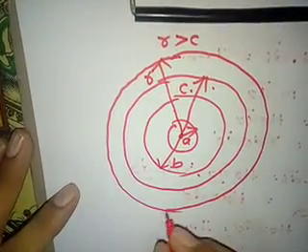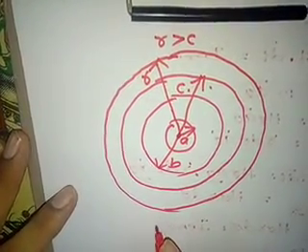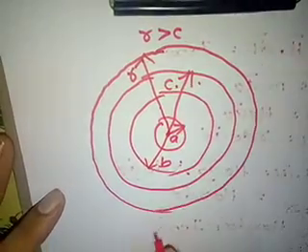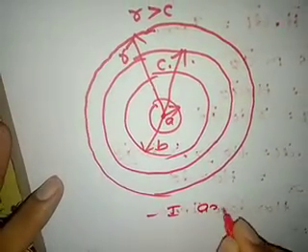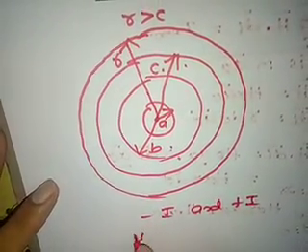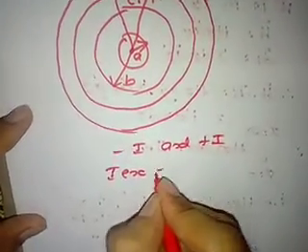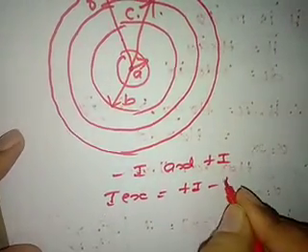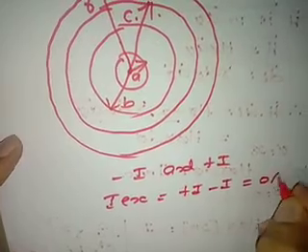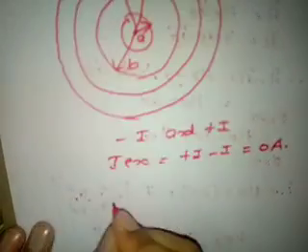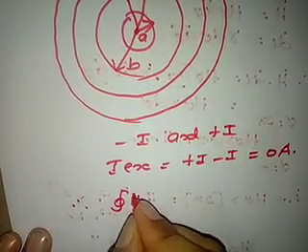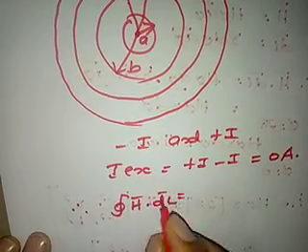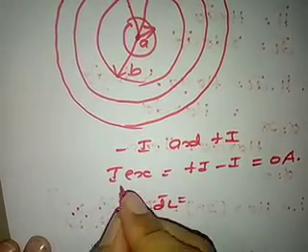With r greater than c, it encloses both the current minus I and plus I. So what will I enclosed be then? I enclosed will be equal to plus I minus I, the total current, so that will be 0 ampere. Therefore, by Ampere's circuital law, the closed integral of h bar dot dl bar is the current enclosed, that is I enclosed, which is 0.